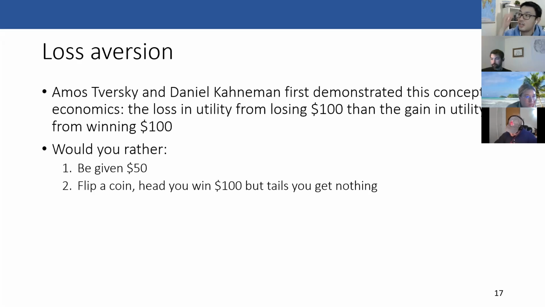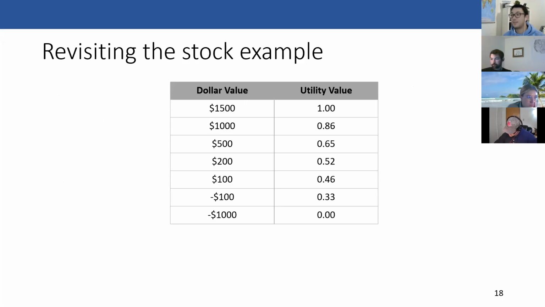So let's go back to that example with the stocks and show how to apply that. Typically there is some kind of risk function that determines the utility related to some quantity of money. So utility, right, is the value that you're getting out of that money.